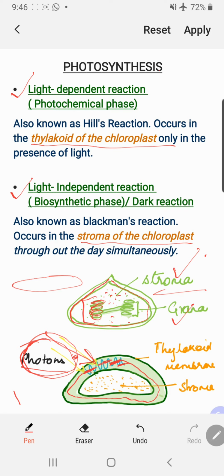This is the light that is taken up by the plants, but here the violet light and the red light, both ends are actually absorbed by the pigments, but it's only the green color which is not absorbed by the pigment. That's why the plants appear green to you, because this is the only color which is reflected back. Rest all the colors, up to some extent, more or less, are absorbed by the chlorophyll.